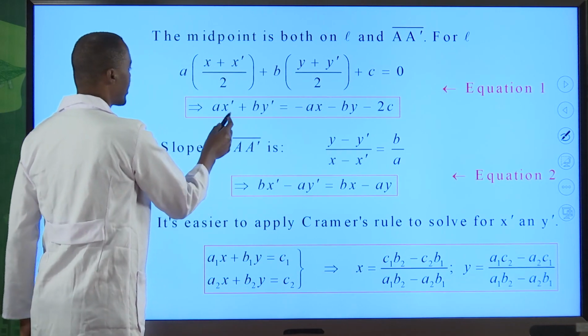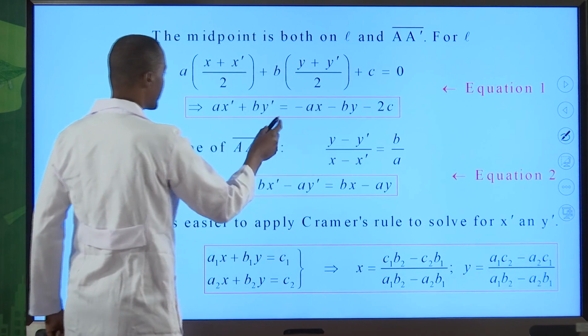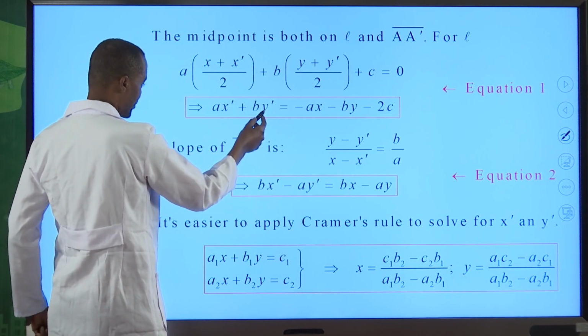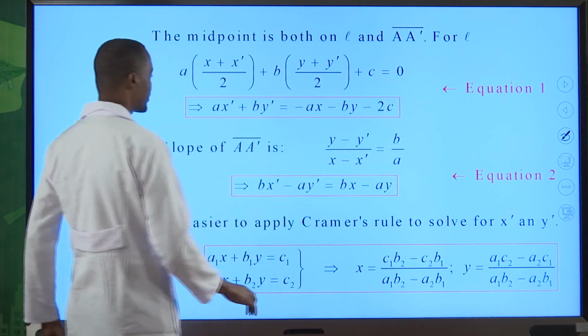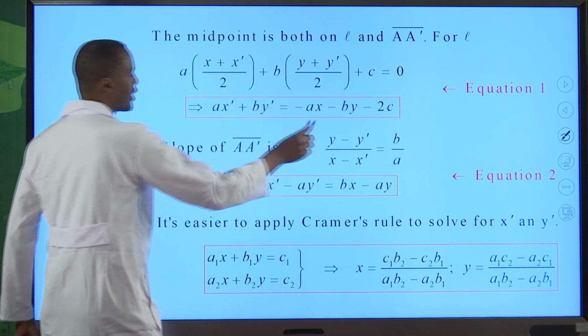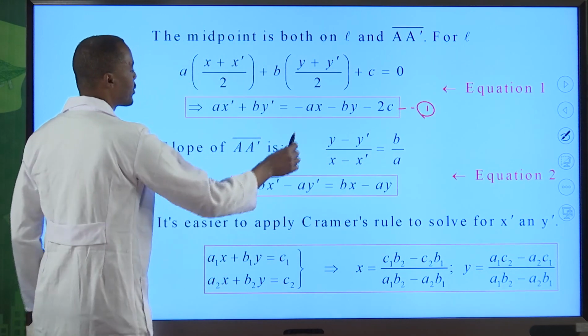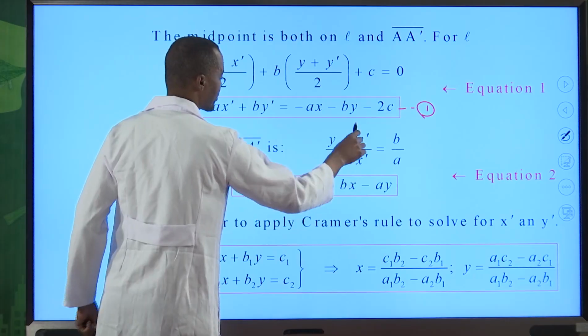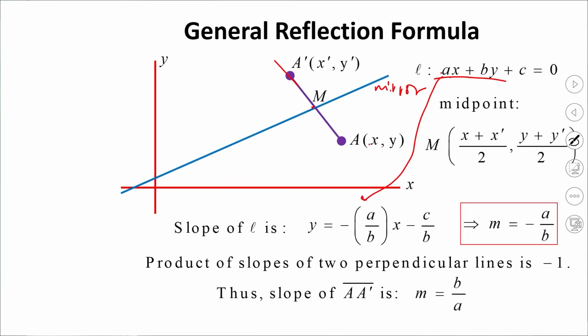and then from this I can rewrite this equation by multiplying throughout by 2, so that x prime and y prime would be to the left, and the rest would be to the right of the equation. I can write this equation as equation 1. And y minus y prime over x minus x prime is an equation which is obtained from the equation of this line.